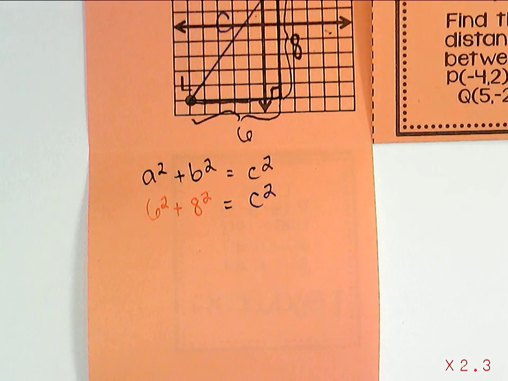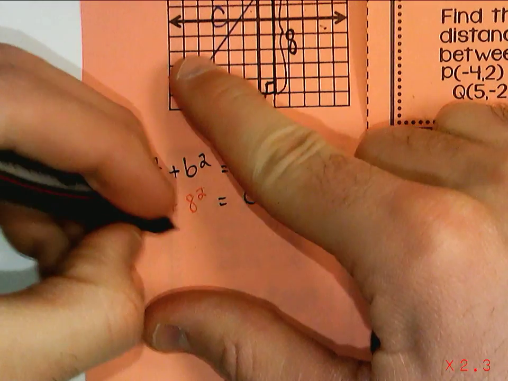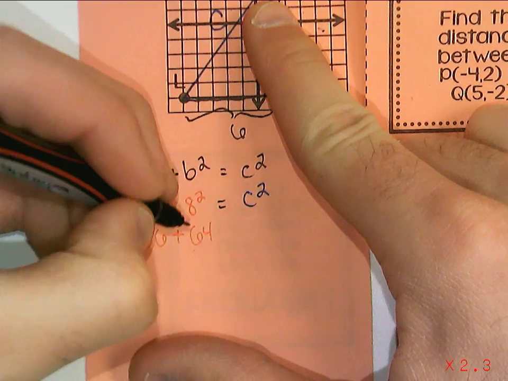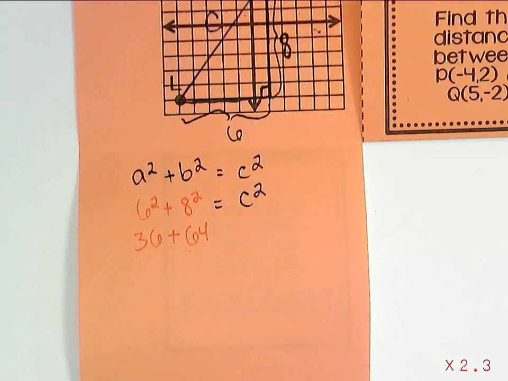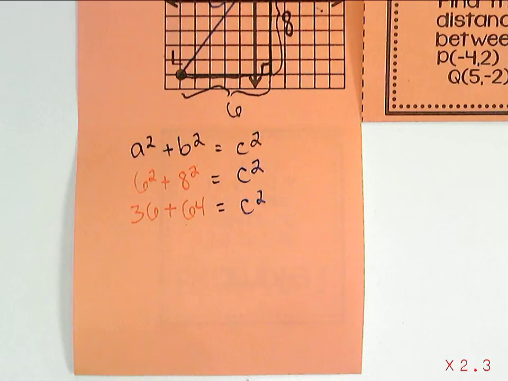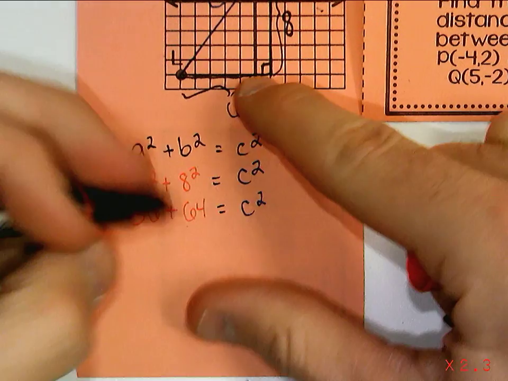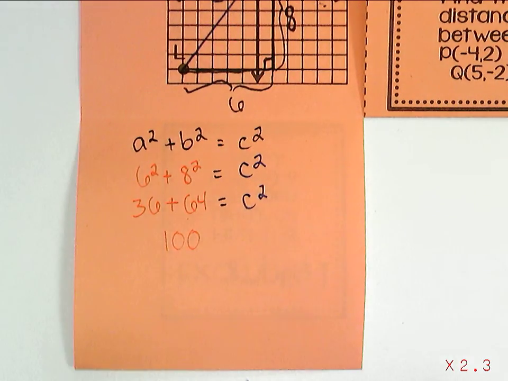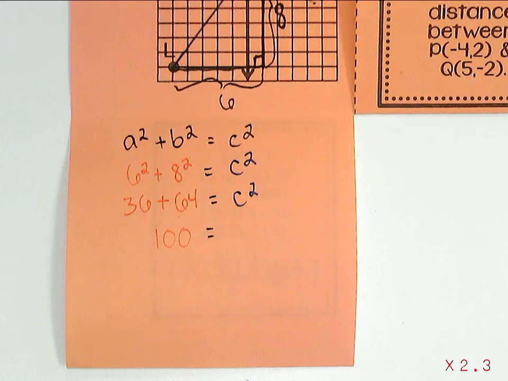So 6 squared is 36, 8 squared is 64. It's going to be equal to C squared. 36 plus 64 is 100. It's going to equal C squared.